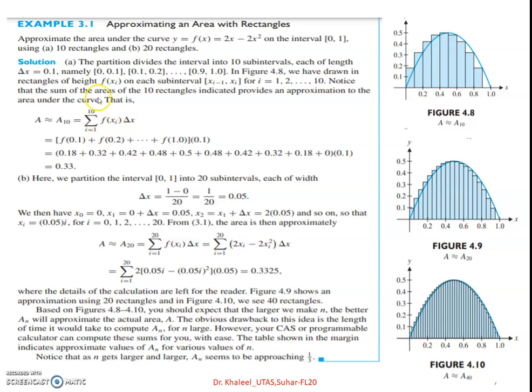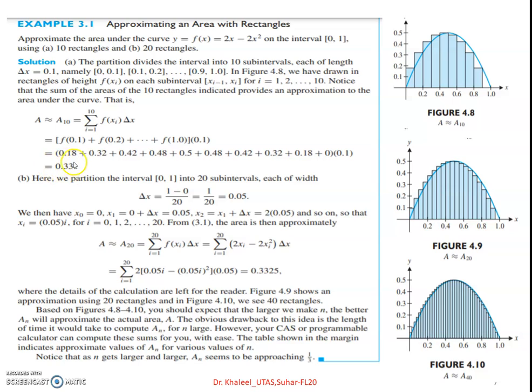For f(xi) we just plug in the values: f(0.1), f(0.2), and so on, and delta x is 0.1. We find f(0.1) from this function. You add up everything and get 0.33.